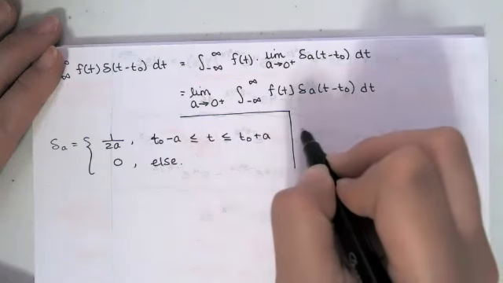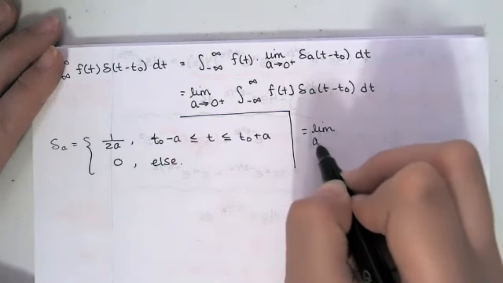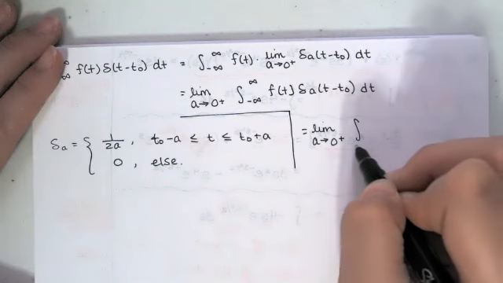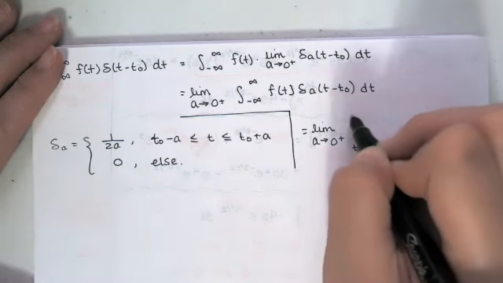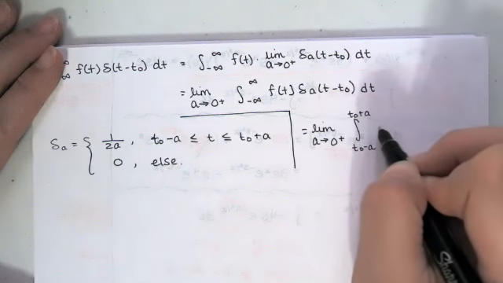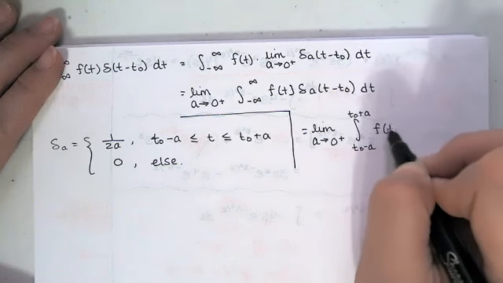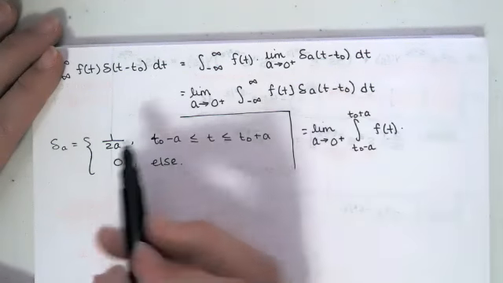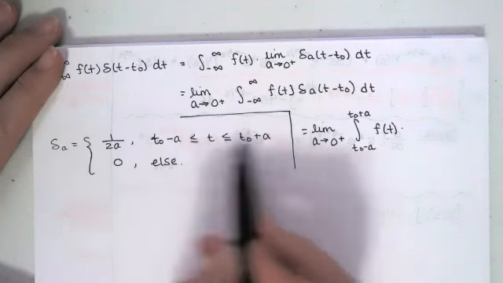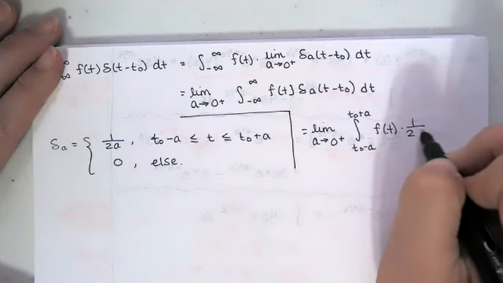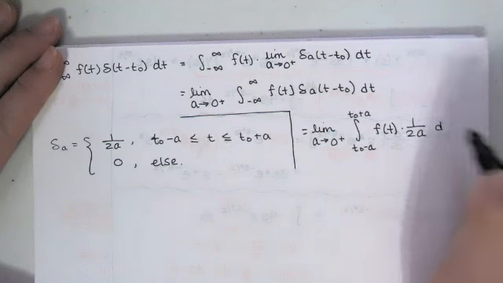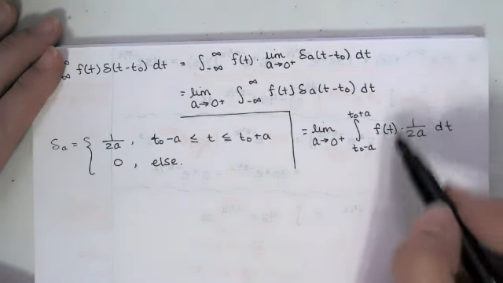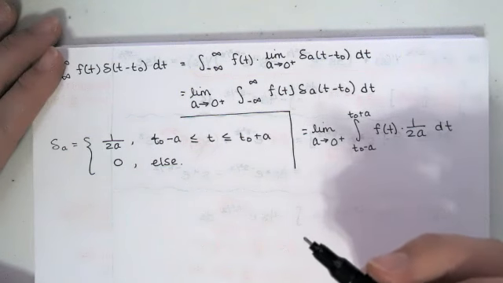So with that in mind, we'll write this as the limit as a approaches 0 from the right of the integral from t naught minus a to t naught plus a of f of t times this delta sub a function, which has the value of 1 over 2a on that interval. Well, if we're integrating with respect to t, we can pull the 1 over 2a out.